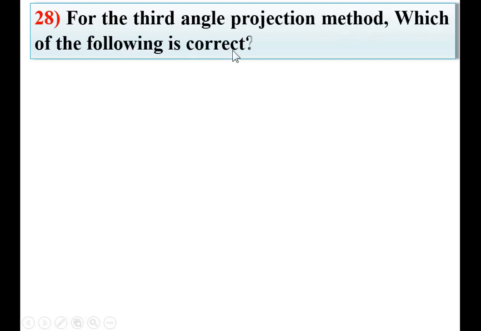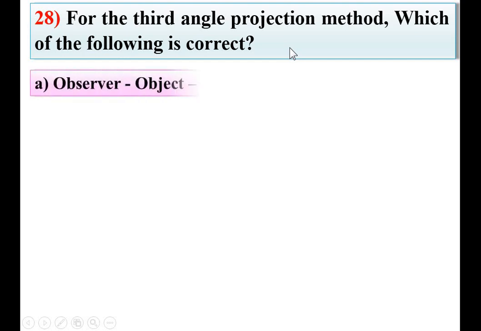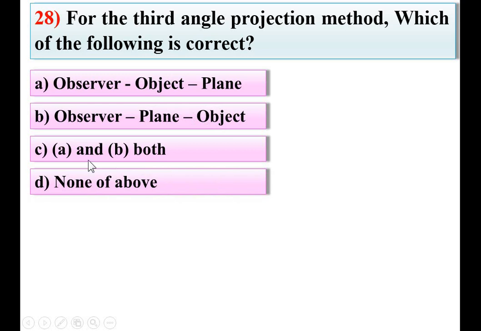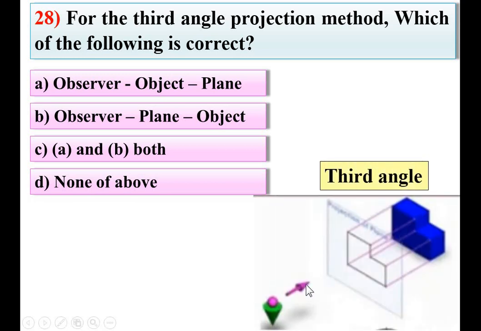Next, for the third angle projection method, which of the following is correct? Option: observer, object, plane; observer, plane, object; A and B both; or none of the above. So first I will show you the concept of the third angle projection method.